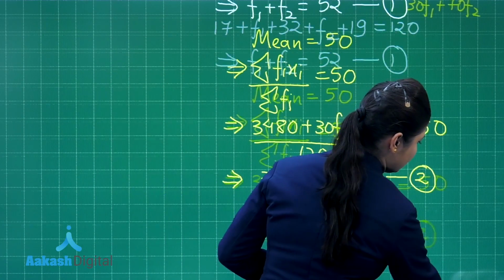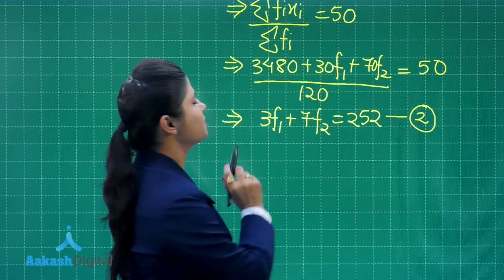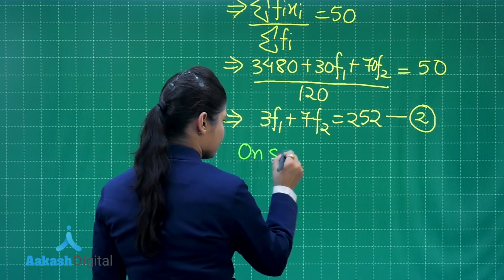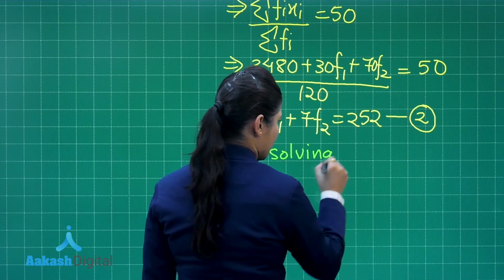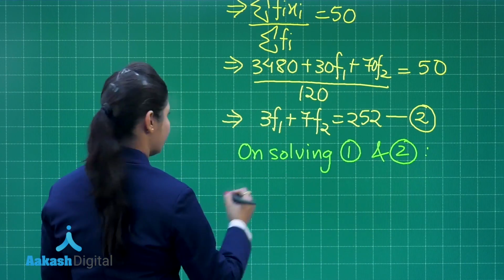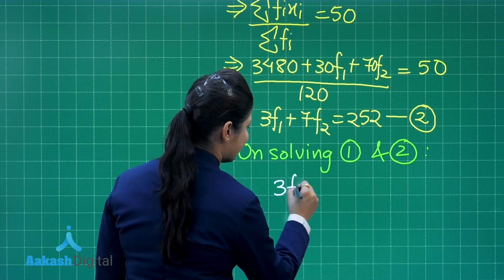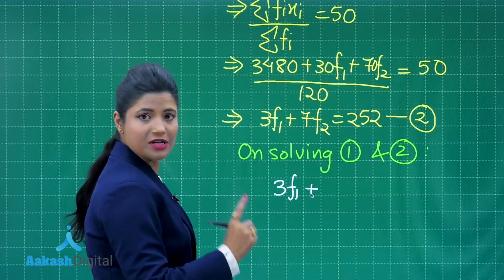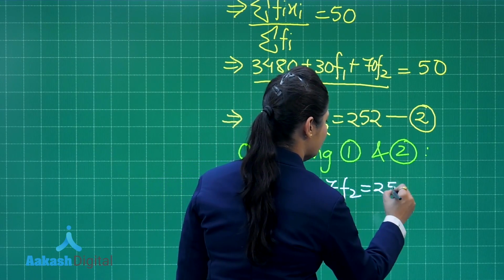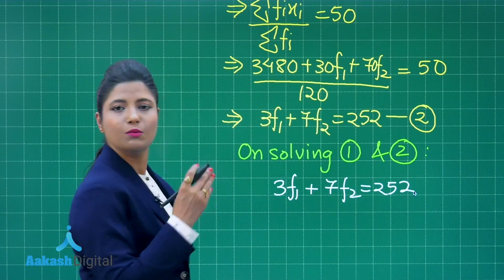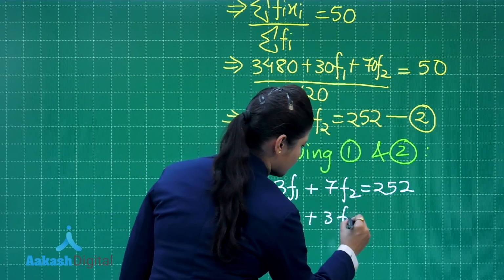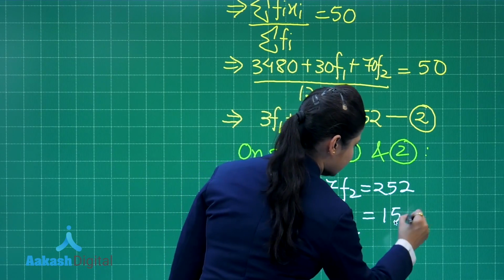So let's solve these. I can multiply equation number 1 with 3. For this, I will consider equation number 2 and subtract 3 times equation number 1 from it. So this is 3F1 plus 7F2 equal to 252. When you multiply 3 to both sides of equation 1, you get 3F1 plus 3F2 equal to 156.